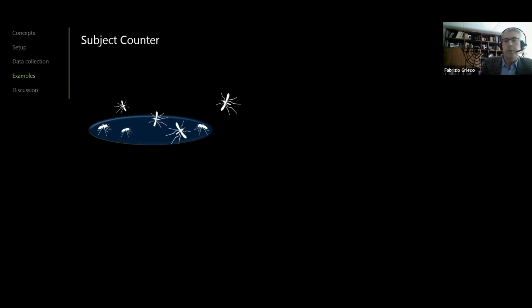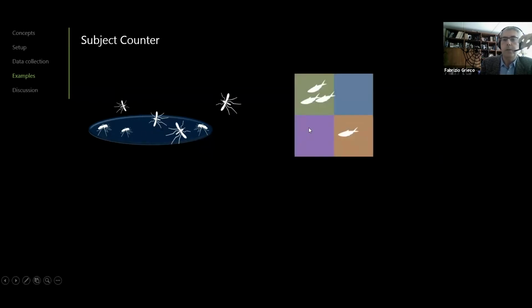Come on, it's too simple. Well, EthoVision cannot do that. It doesn't know how to calculate the number of animals that are in this arena or in a zone. And just like in this case, in a shoaling test, I want to know the number of animals that are present in specific zones.